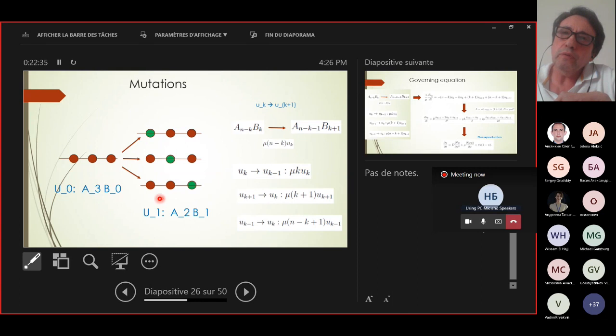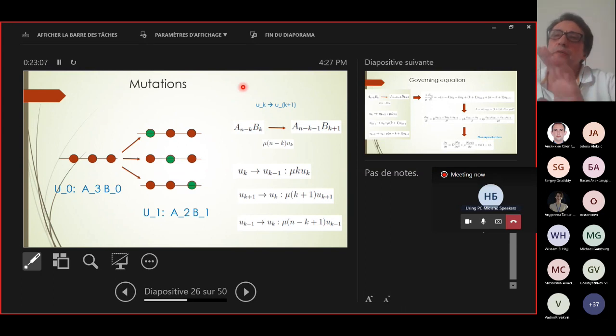What is important to note here is that there is only one sequence with 0 mutations, but 3 different sequences with 1 mutation, and all of them belong to this u_1. So we consider all these 3 different cases with 1 mutation as belonging to the same subpopulation u_1. This is important to take into account.